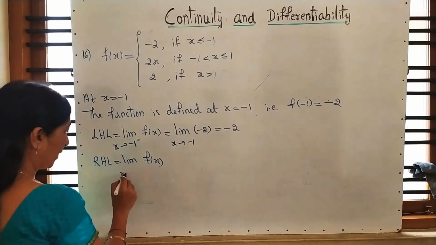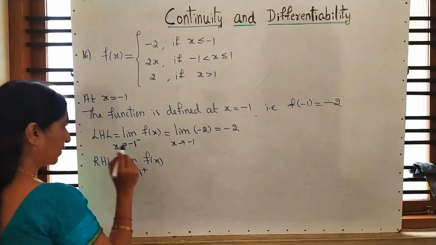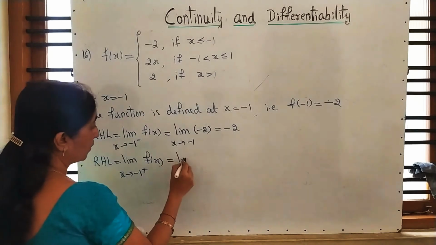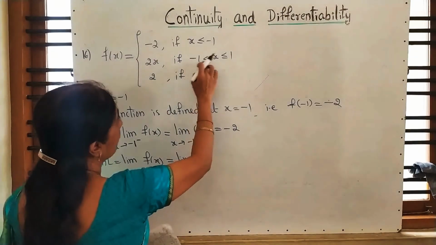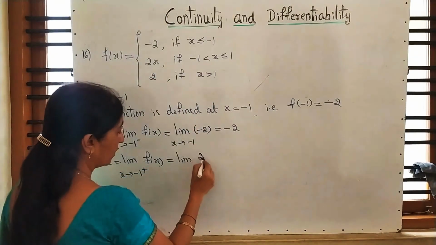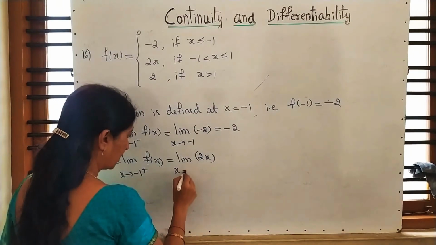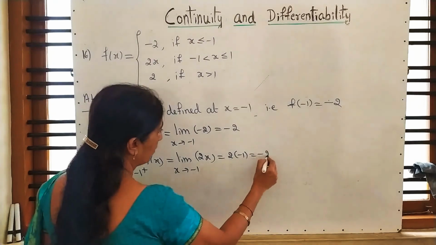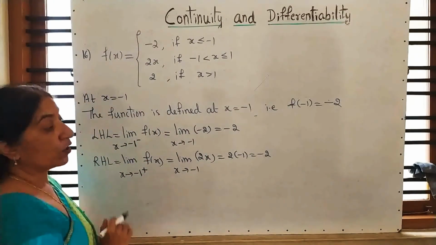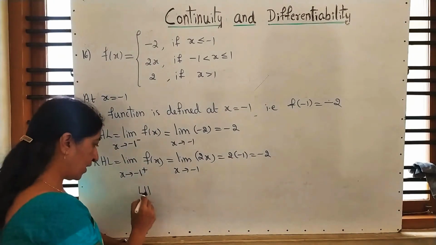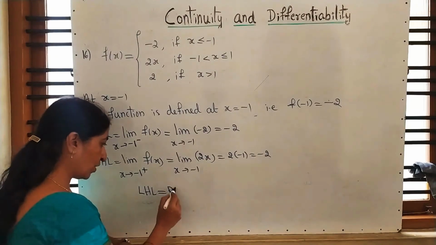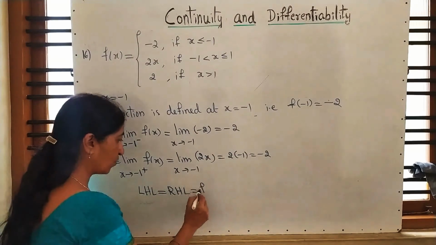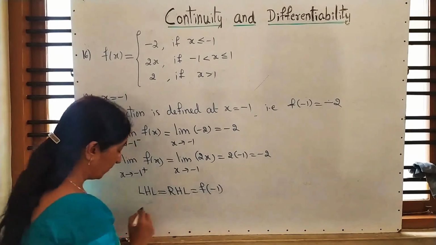Limit f of x as x tends to minus 1 plus. Which function are we selecting? The second one, where x is greater than minus 1: 2x, x tends to minus 1. 2 into minus 1 is minus 2. Observe that all three are equal. Left hand limit is equal to right hand limit is equal to f of minus 1.